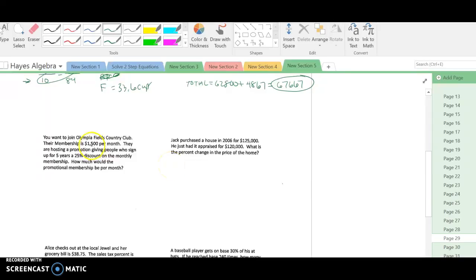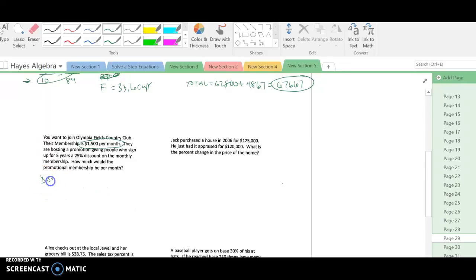All right. So next one, you want to join the Olympia Fields Country Club. Their membership is $1,500 a month. They are hosting a promotion, giving people who sign up for 5 years a 25% discount on the monthly membership. How much would the promotional membership be per month?